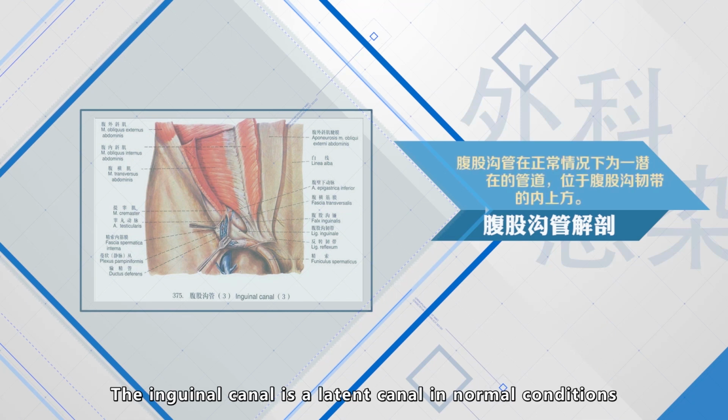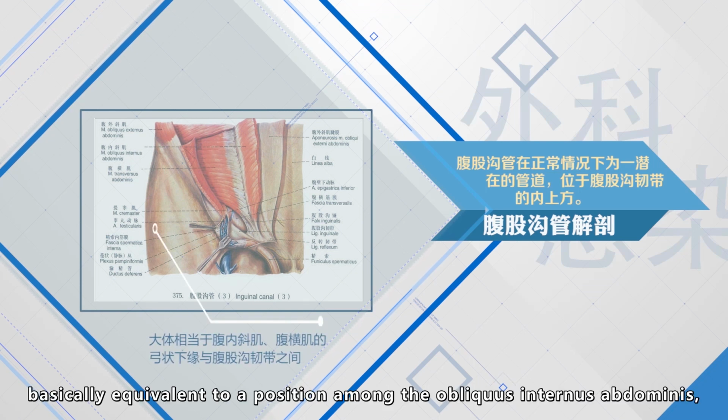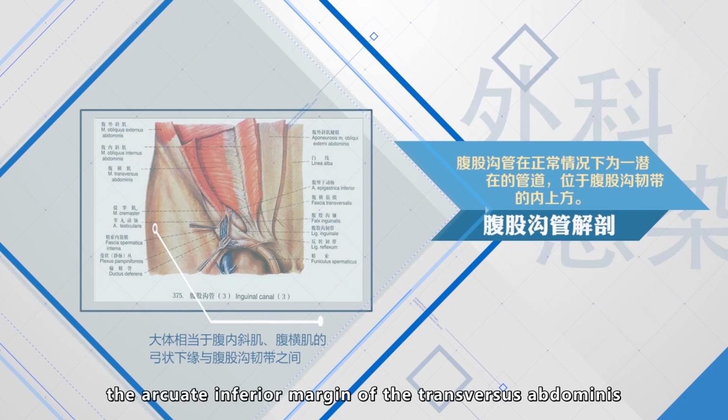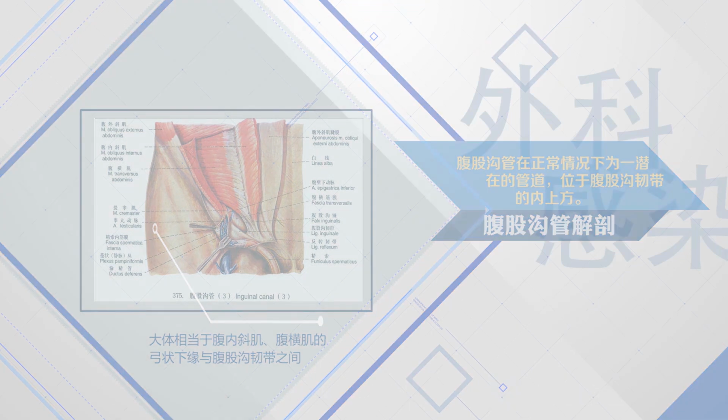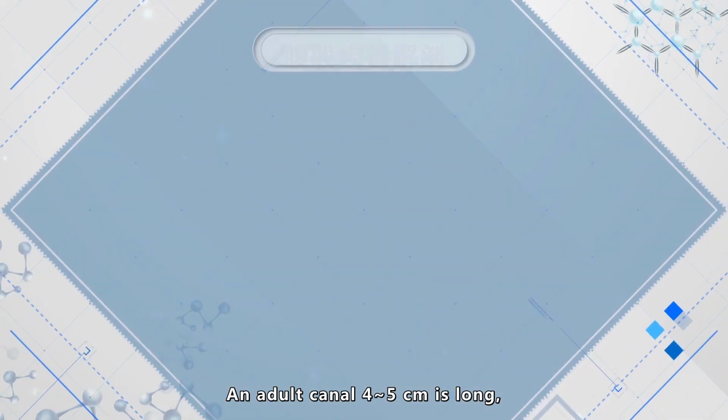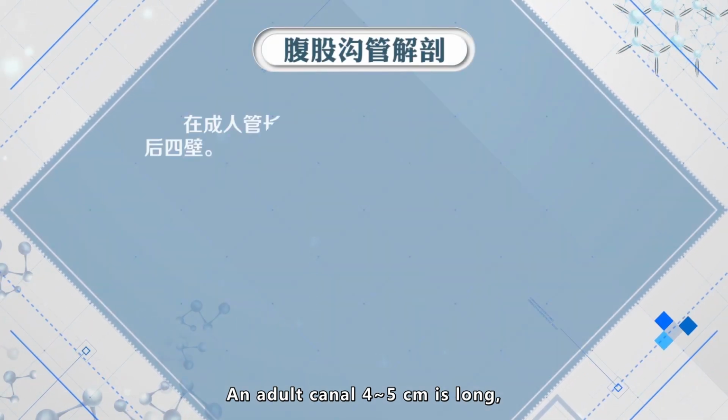The inguinal canal is a potential canal in normal conditions, located above the inguinal ligament, basically equivalent to the position between the obliquus internus abdominis, the arcuate inferior margin of the transversus abdominis, and the inguinal ligament. An adult canal is 4 to 5 cm long.